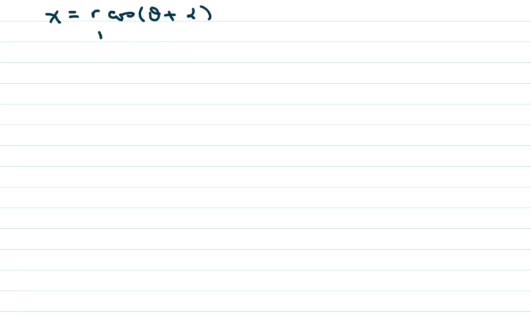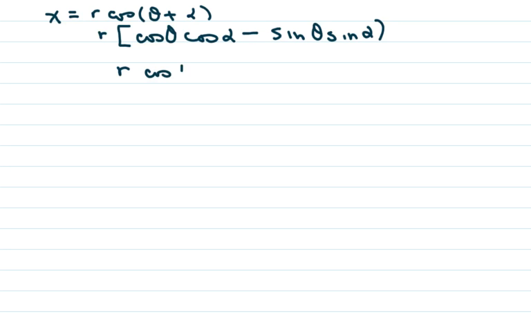This is R times cosine of theta cosine of alpha minus sine of theta sine of alpha. Distributing the R, I get R cosine of theta cosine of alpha minus R sine of theta sine of alpha.